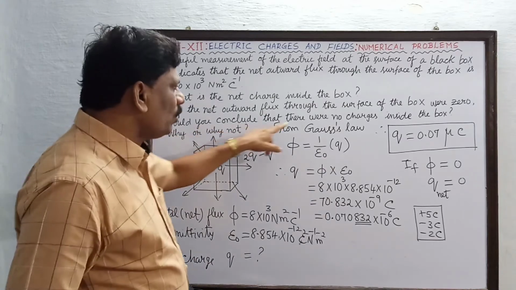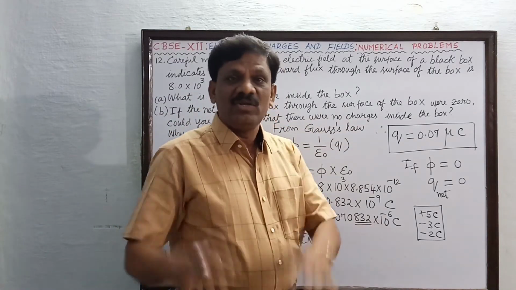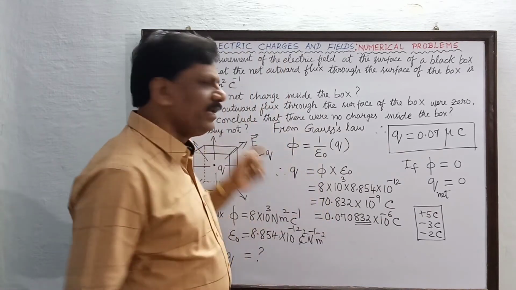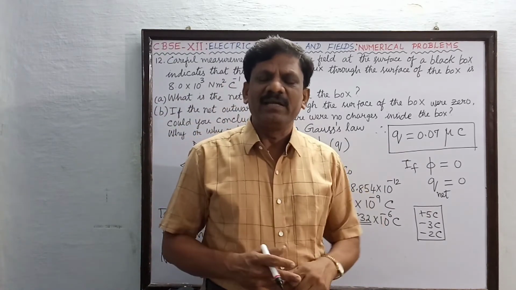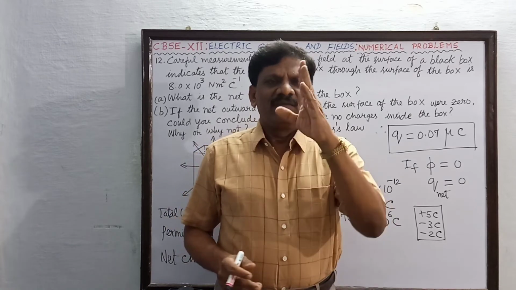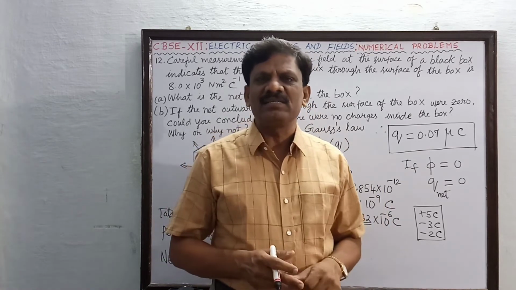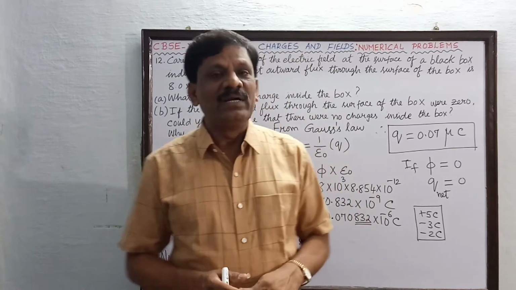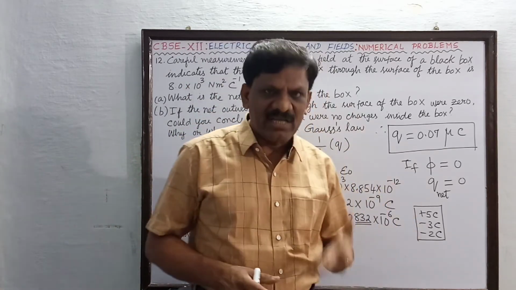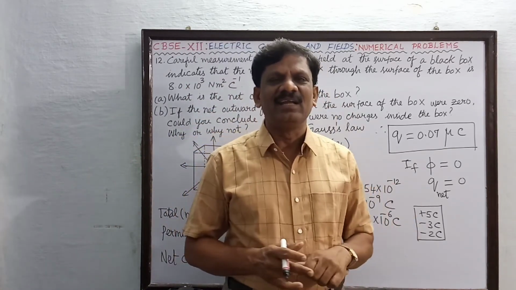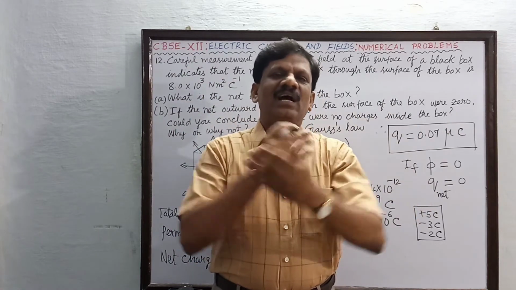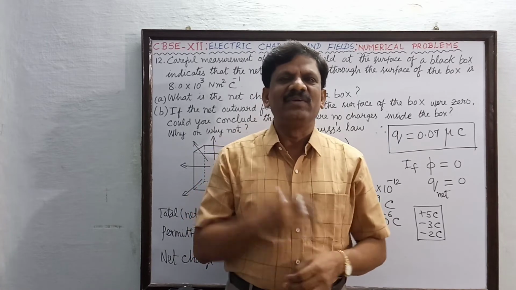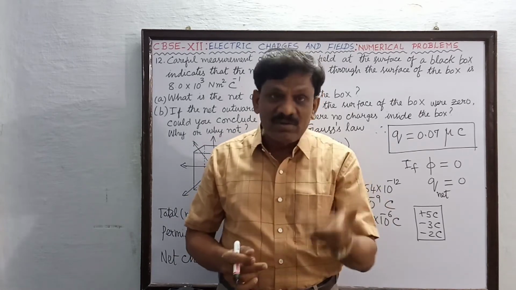Could you conclude that there were no charges? No, we cannot conclude. Why or why not? Why can we not conclude? Because when there is no charge inside the box, the net charge is 0 and flux is 0. But when there are many charges kept inside the container, the net charge, that is the algebraic sum of the positive and negative charges, also may be equal to 0.